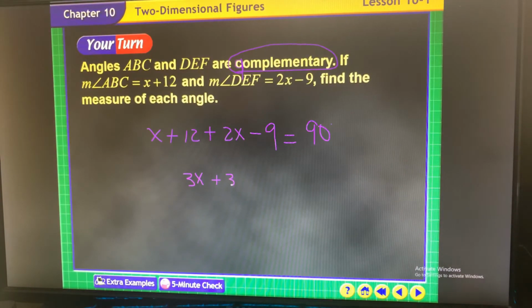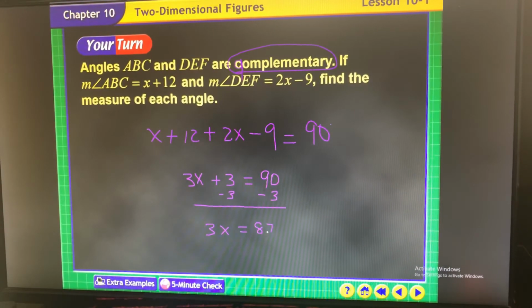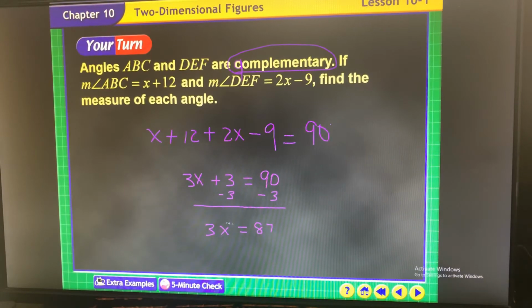Plus 3 equals 90. I'll go ahead and add a negative 3 to both sides, or subtract 3 from both sides, however you want to say it. And you're going to end up with 3x equals 87. You can divide both sides by 3 and find out that x is 29.